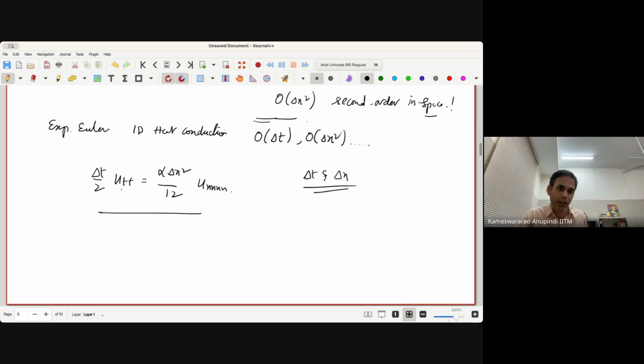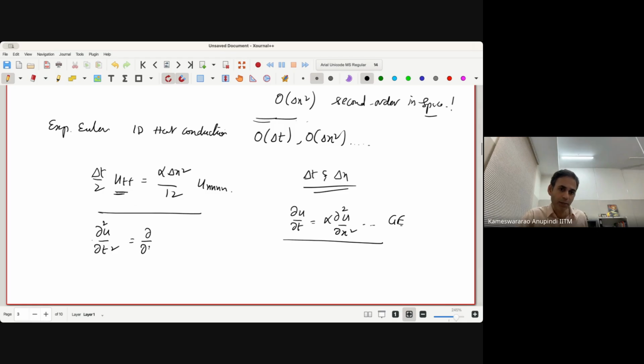That means I can look at what is utt. utt is your dou square u by dou t square, right? We recall our equation is dou u by dou t equals alpha dou square u by dou x square. So this is our governing equation. But I am now working with dou square u by dou t square.